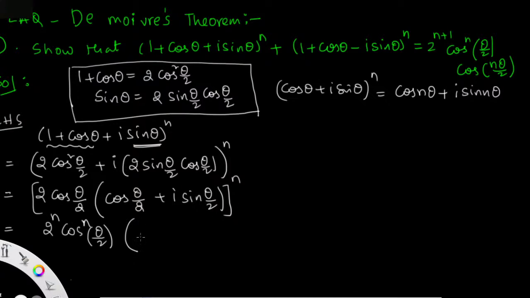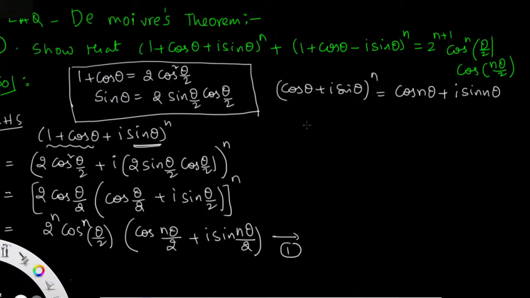Here the angle is theta/2, so the same thing: cos(n theta/2) + i sin(n theta/2). This is the value for the first expression.